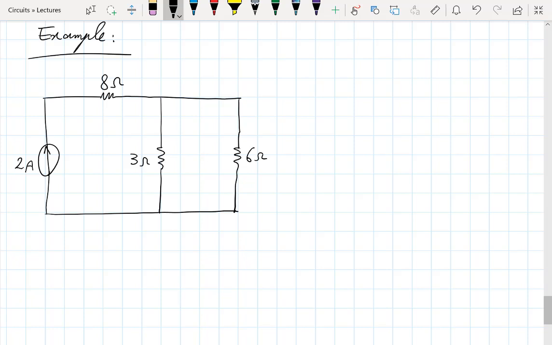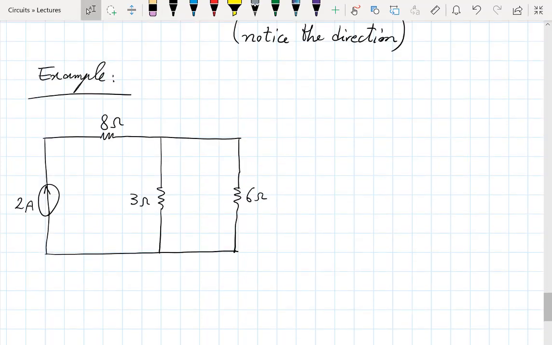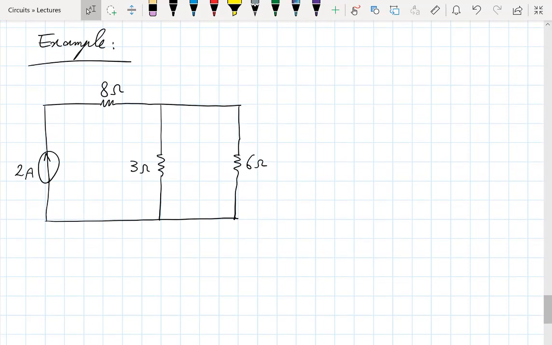Okay, so you want to solve this circuit. If I wanted to just do my KVLs and KCLs, I have this node here, and this node here, and I have this big node down here.